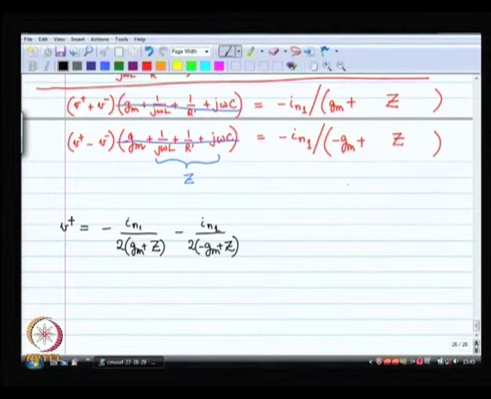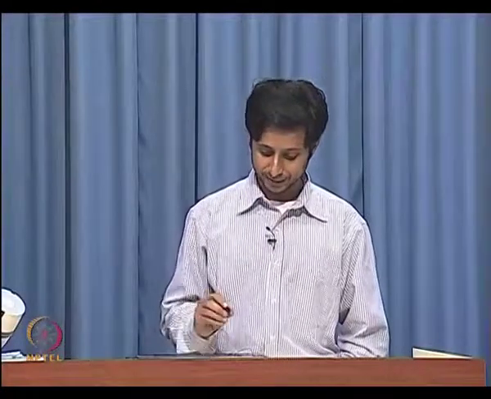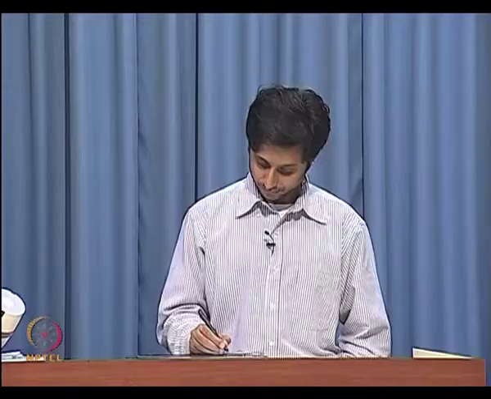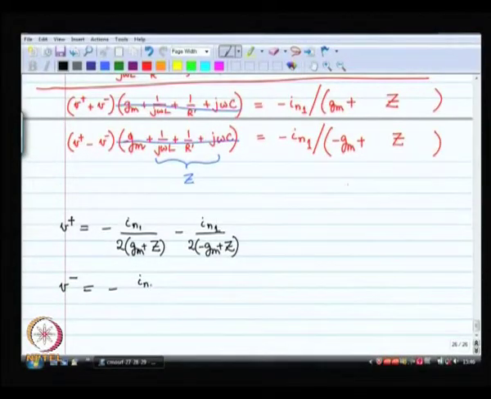What about V minus? V minus is also not terribly difficult. You subtract the 2 and then divide it by 2. So, this is because of noise source number 1.